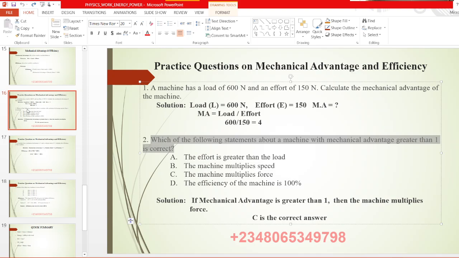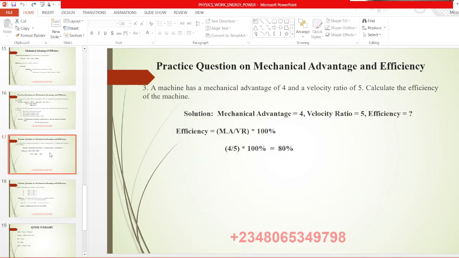So the correct answer is that the machine multiplies force. Sometimes when you see questions like this, it's just to test your logical reasoning. They might look difficult, but they are very cheap. For mechanical advantage to be greater than 1, the machine is multiplying forces.